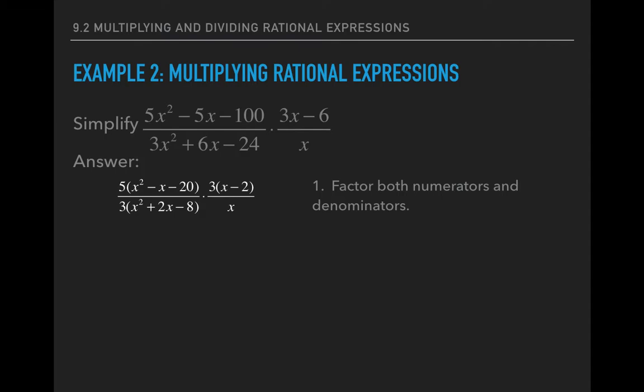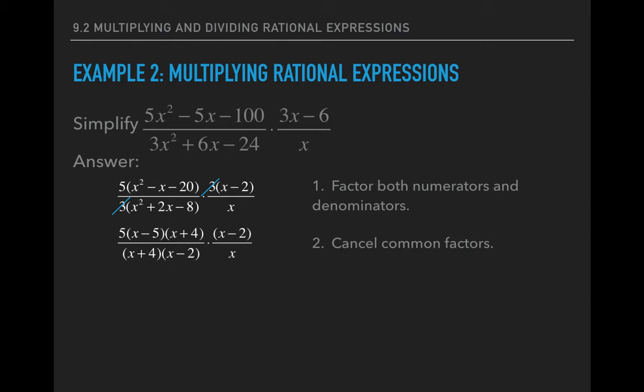Now right away I can see that I have a 3 on diagonals there in the numerator and denominator, so I'm going to cancel those out just to make life a little bit easier. But we're still going to have to do some more factoring because we have quadratic polynomials still in our numerators and denominators. So let's continue to factor and then cancel if possible.